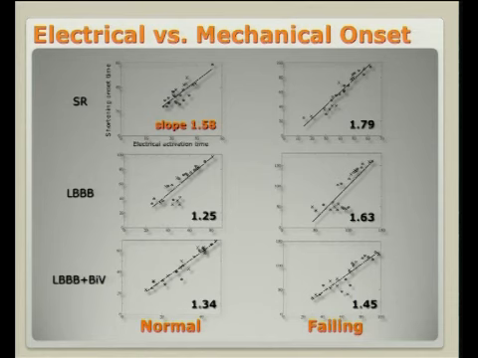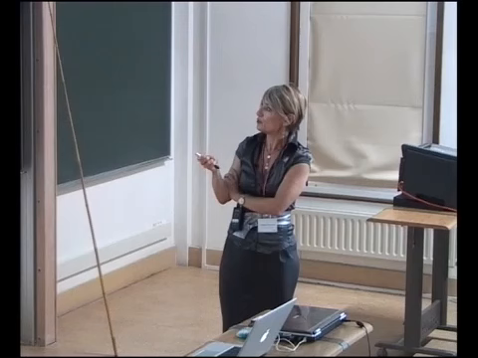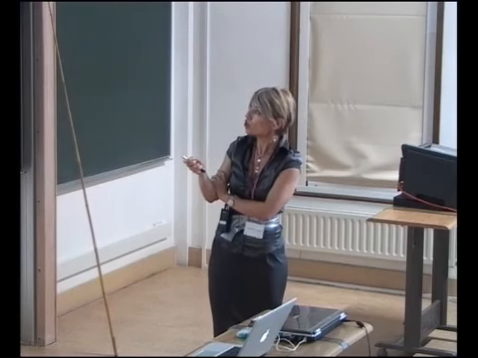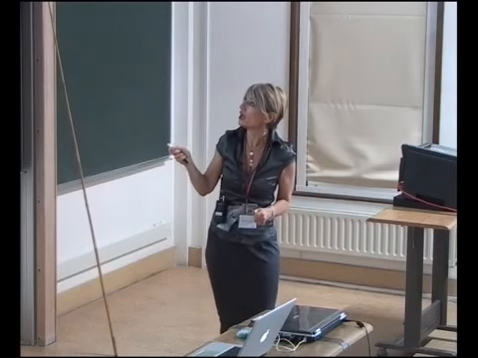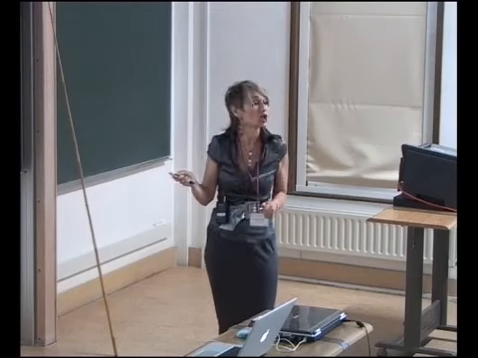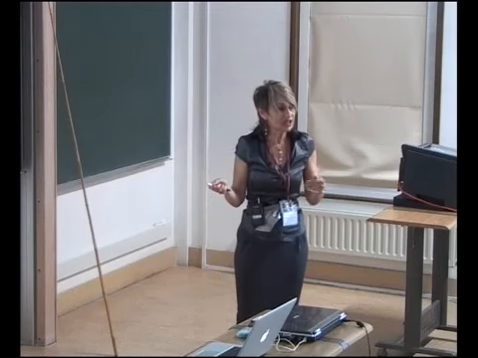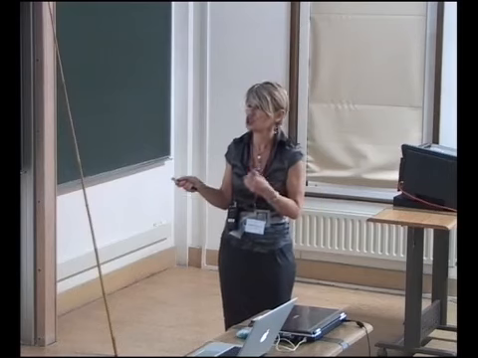And then we plotted the same plot, the electrical activation time versus mechanical activation time. This is what I've shown you before, and these are the new results. You can see in all cases that the slope is larger than 1, again indicating that late activated regions are associated with a larger electromechanical delay. Now notice that we have a pretty significant difference between the normal heart and the failing heart.